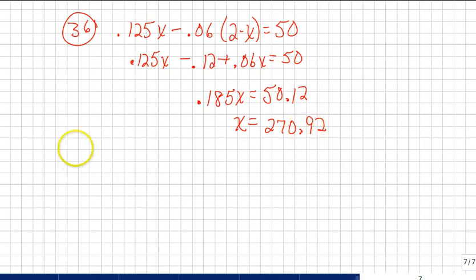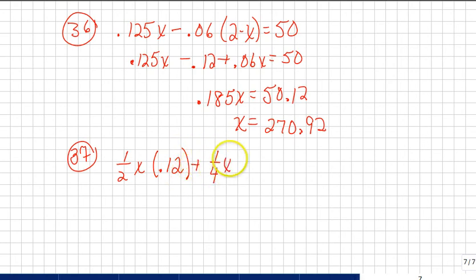Number 37. This is a word problem. Joe invested half of his money at 12%, so we'll go 1/2 x, or 0.5x if you prefer, times 12%. So I'm going to change that to a decimal. And then 1/4 of his money, so 1/4 of x, at 7%, that's 0.07.